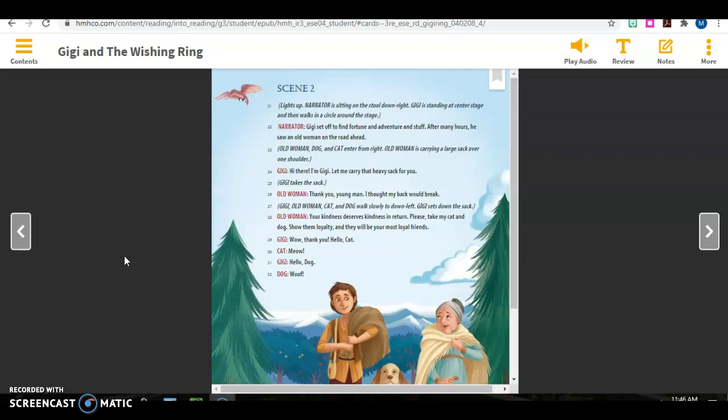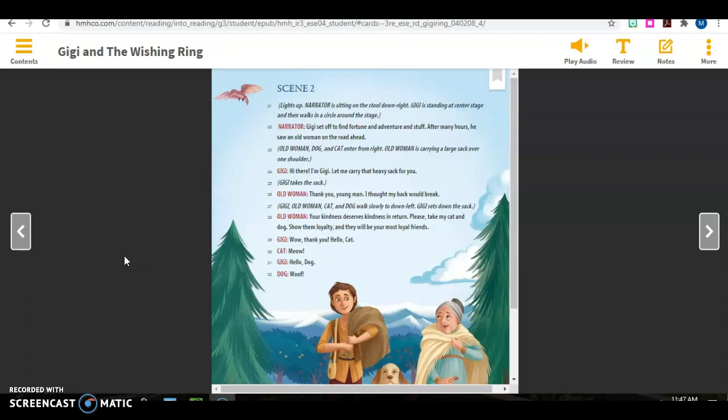Lights up. Narrator is sitting on the stool down right. Gigi is standing at center stage and then walks in a circle around the stage. Narrator: Gigi set off to find fortune and adventure and stuff. After many hours, he saw an old woman on the road ahead. Old woman, dog, and cat enter from the right. Old woman is carrying a large sack over one shoulder. Gigi: Hi there, I'm Gigi. Let me carry that heavy sack for you. Gigi takes the sack. Old woman: Thank you, young man.